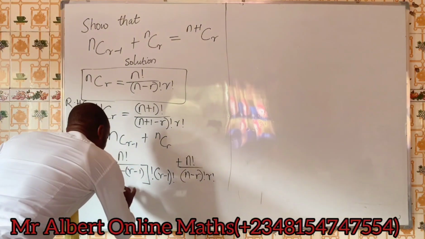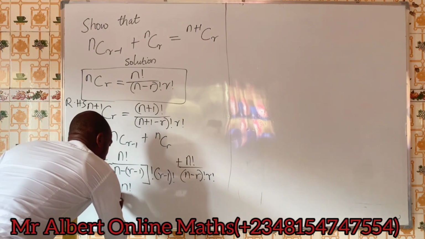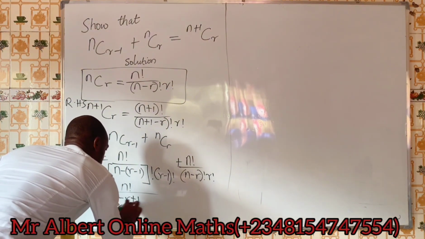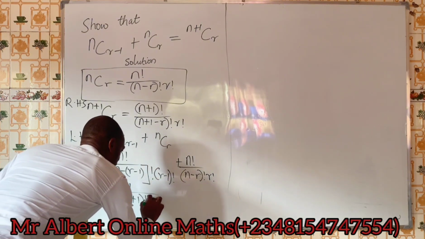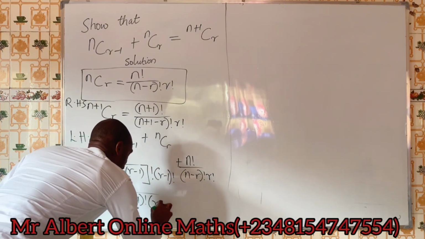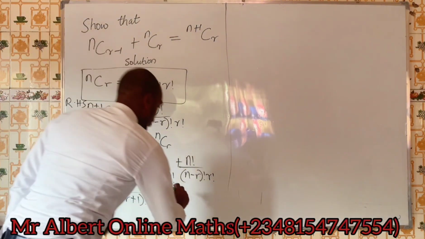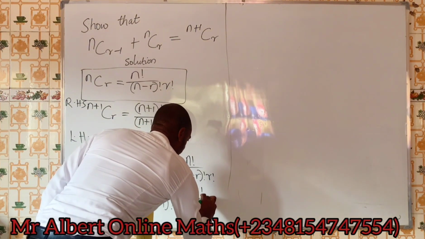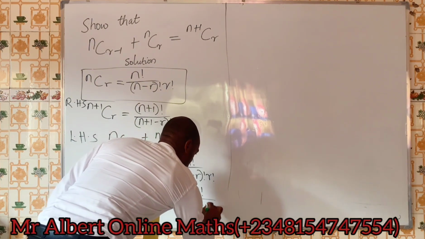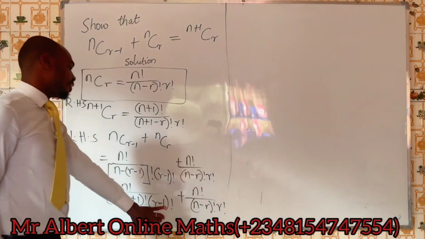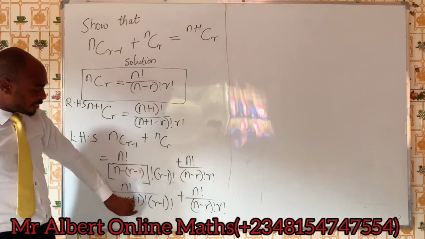So what we have is n minus r plus 1 factorial. Then we have r minus 1 factorial. Then n factorial all over n minus r factorial, r factorial. We have not changed anything here.